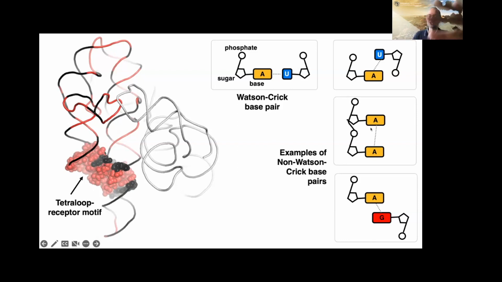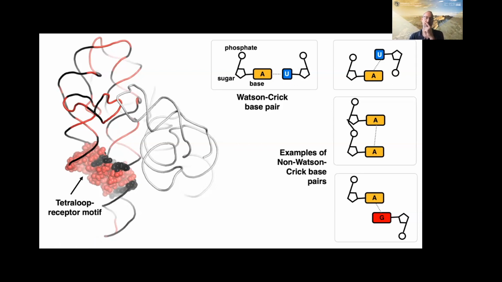Or A's can interact with one another. When that structure was first solved, people were really struck because they saw, oh, we have two A's on the same strand, not across from one another, but on the same strand, interacting side by side, which is shown here. And you can also have some A's pairing with G's.